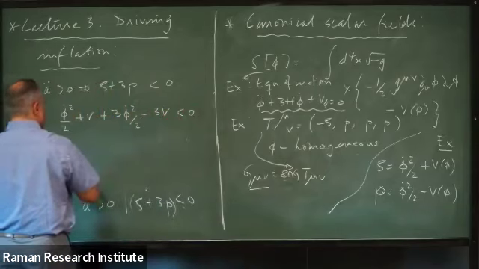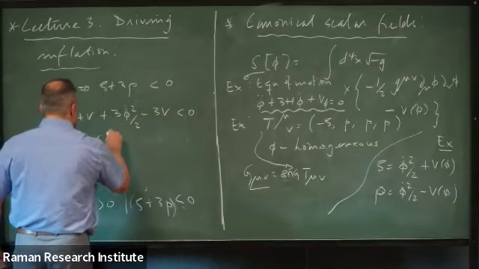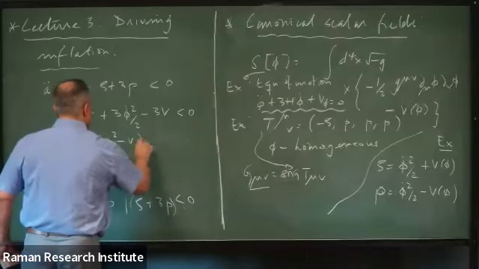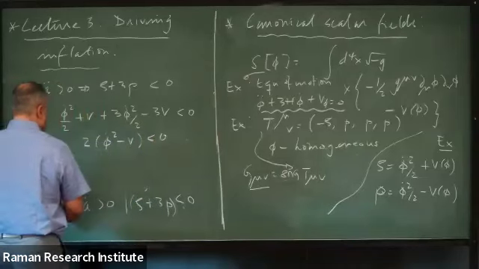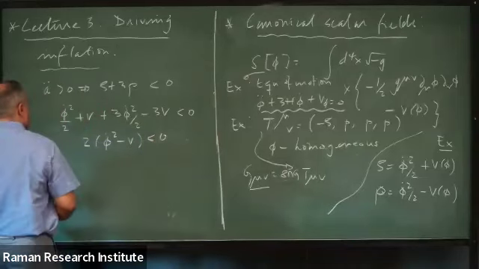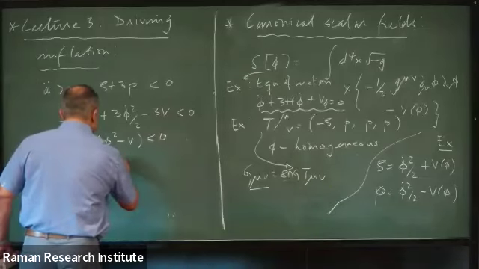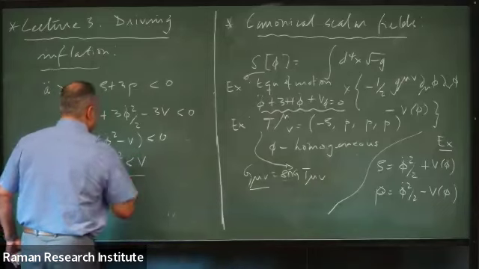So this is 2 times phi dot squared minus V less than 0. Or what do you want? You want phi dot squared less than V.